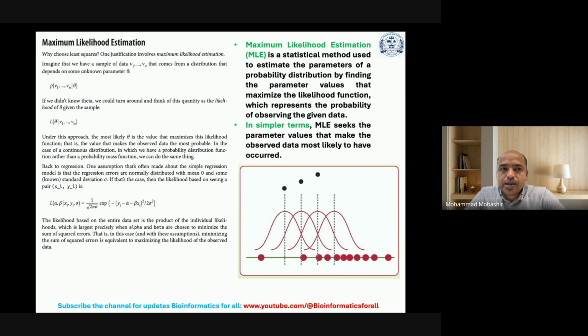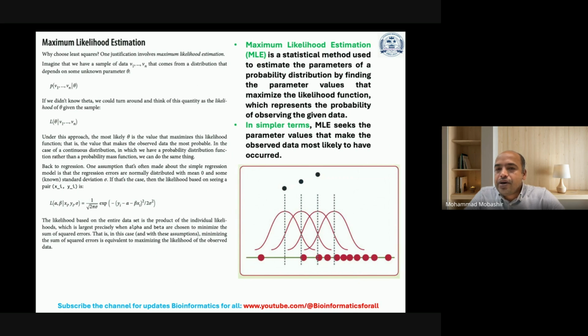Maximum likelihood estimation is a statistical method used to estimate the parameters of a probability distribution by finding the parameter values that maximize the likelihood function, which represents the probability of observing the given data.